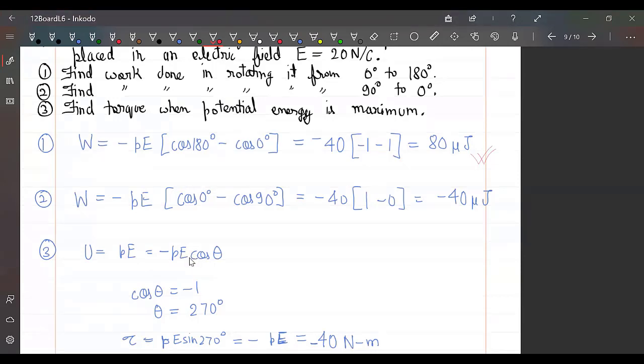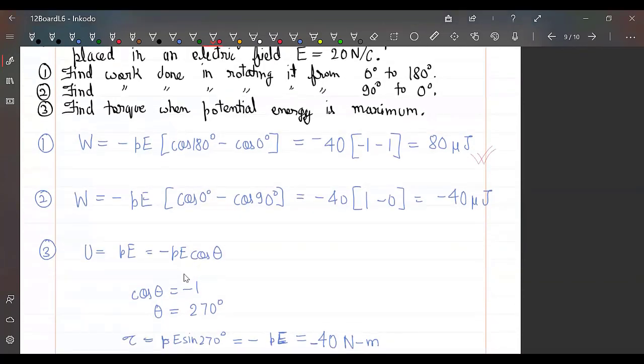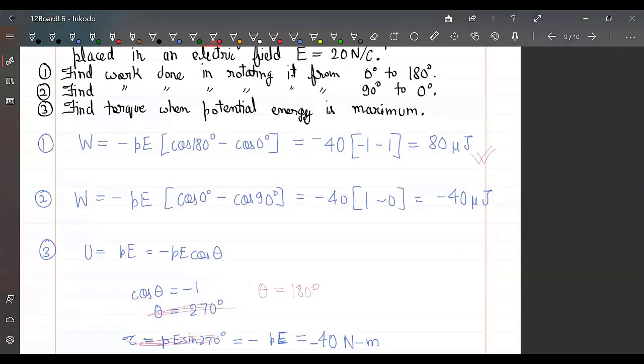Potential energy is maximum, so cos theta is minus 1, that means theta is equal to 180. So when potential energy is maximum, the value of torque will be 0, because torque is PE sin theta. Sin 180 is 0. When potential energy is maximum, torque will be equal to 0.